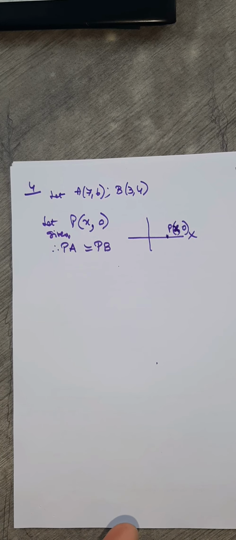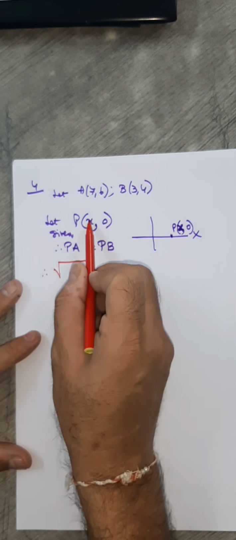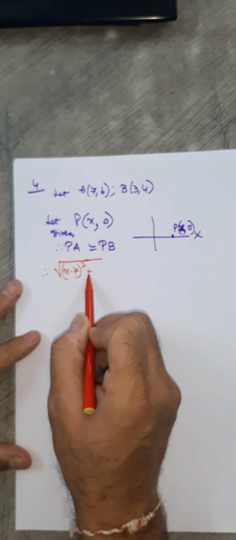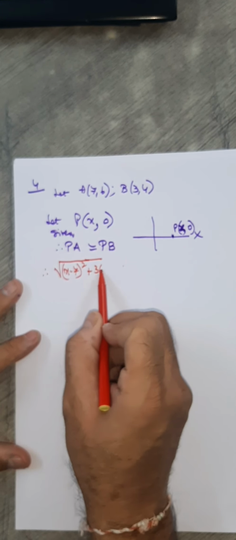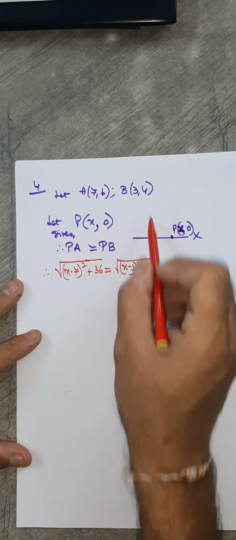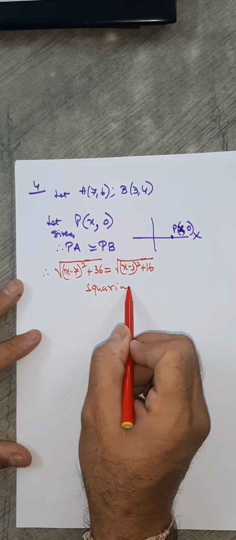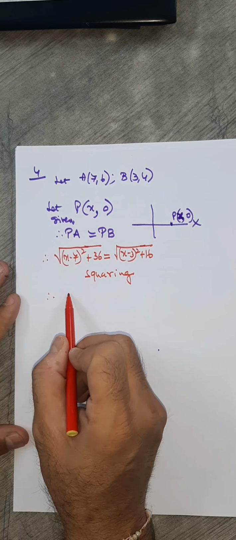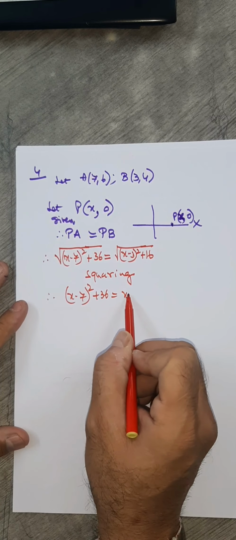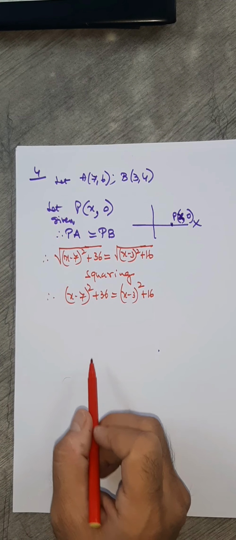Now what do we do? We don't have any other thing. We need to use the distance formula. So root of, you know the distance formula, x minus 7 the whole square plus 0 minus 6 the whole square, 36. Here x minus 3 the whole square plus this is 16. Now squaring. Such things you might have done even in 10th standard also. Squaring. So x minus 7 the whole square plus 36 equals x minus 3 the whole square plus 16.